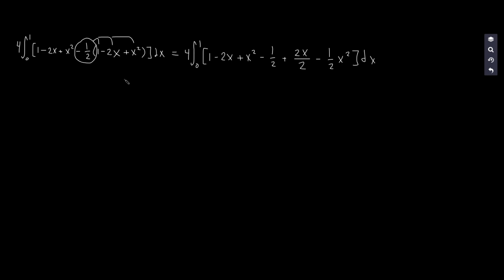Now, this is going to be 4 times the definite integral from 0 to 1 of, well, I'm going to combine some like terms here. So 1 minus 1/2 is going to be 1/2. Then this negative 2x is going to get added with this x here, so we'll have minus x.